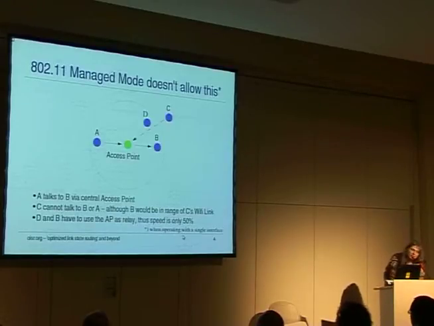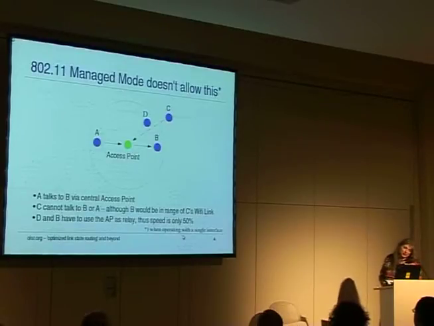What we want to do is not possible in managed mode. At least it is not possible in managed mode if you only have one interface in your mesh box. I have to admit that in the Berlin mesh, we are now using mesh routers that run links in infrastructure mode because we have several issues with ad hoc mode. The major issue is that drivers are implemented very sloppily because everybody buys cards when at least the infrastructure mode works to some degree.